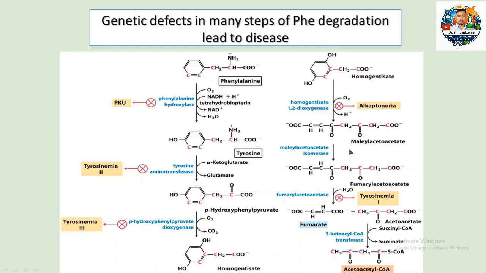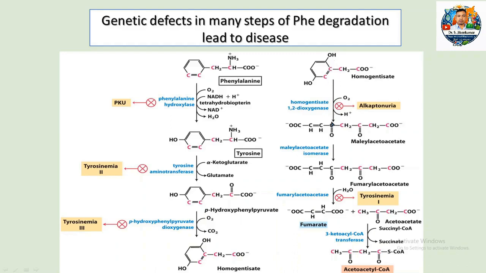In the next step, this homogentisate is converted to the next intermediate called maleylacetoacetate. Now this maleylacetoacetate is formed from homogentisate using another oxygen molecule. So this enzyme is also likely to be a dioxygenase, as you see here.